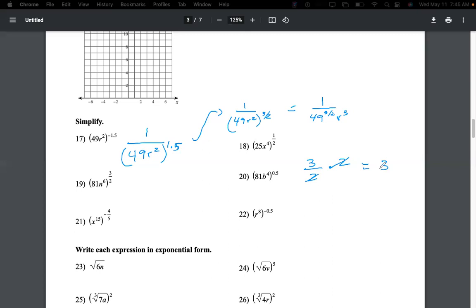We're going to do that in just a second. Now this 49 raised to the 3/2. This is really saying, take the square root of 49 and raise it to the 3rd power. Well, what's the square root of 49? 7. Now take 7 and raise it to the 3rd power. What do you get?